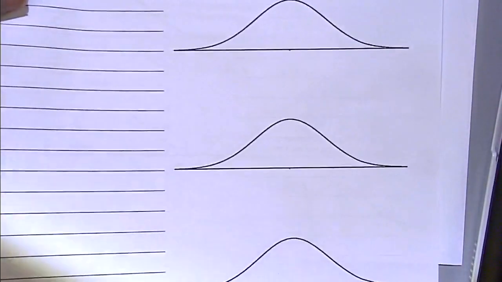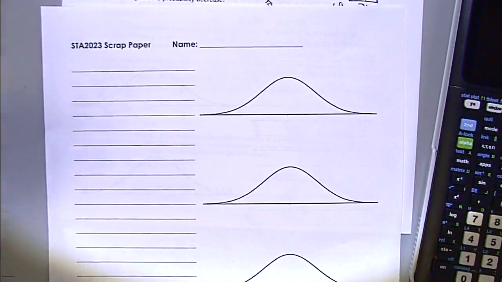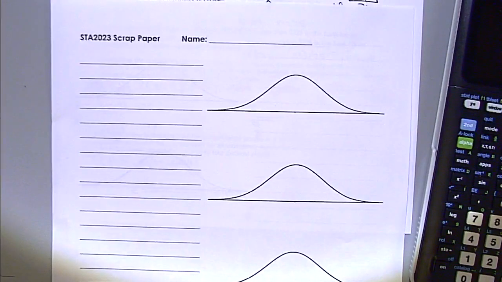I do want to note to you that this piece of paper that I'm showing you right now is a piece of scrap paper that I do give you on the test, okay? Because I know how hard it is to draw these curves and you get bogged down in it, so I will have paper like this for you to draw curves. Please label these curves, watch the videos again if you need to, make sure you're labeling them like I'm labeling them.